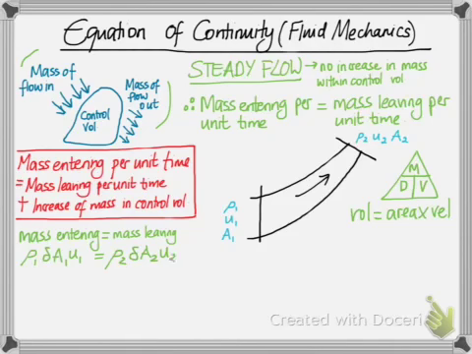So basically we are equating the mass on the left hand side to the mass on the right hand side. Now, for steady flow, the main principle of the equation of continuity is that mass entering is equal to mass leaving, which will be a constant.